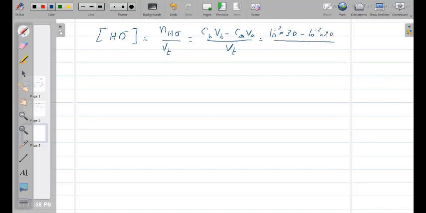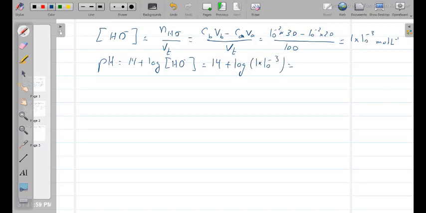Here 20 of HCl, 30 of NaOH, 50 and 50 milliliter of water, that means 100 milliliter V total, equal 10 over 100 equal 10^-3 mole per liter. pH equal 14 plus log concentration HO- equal 14 plus log 10^-3 equal 11.